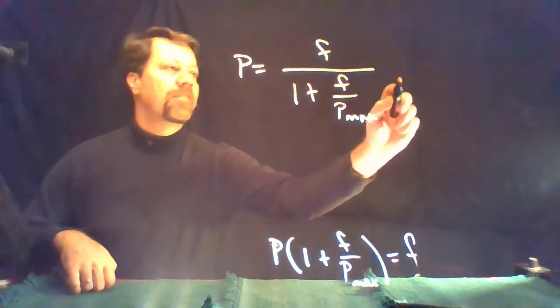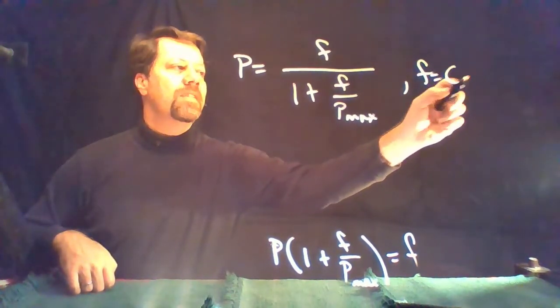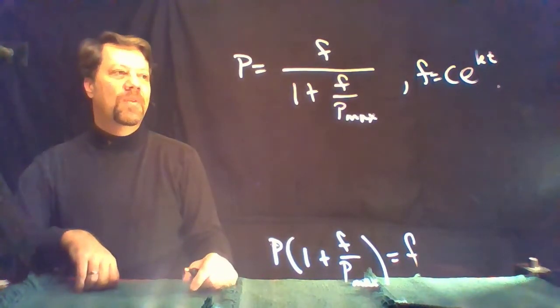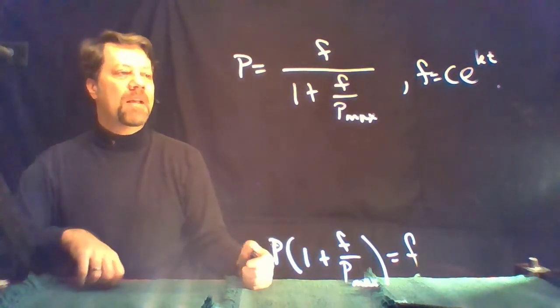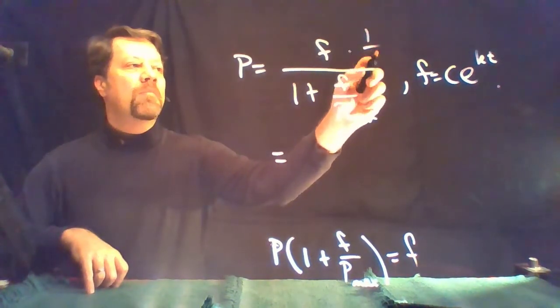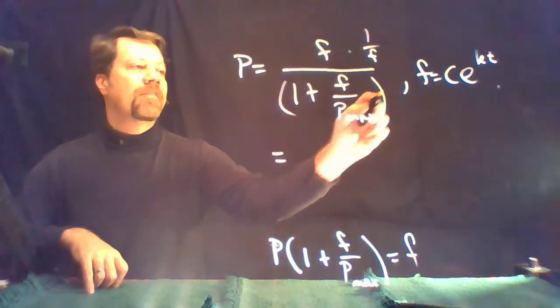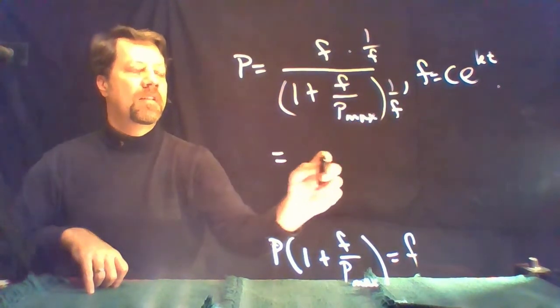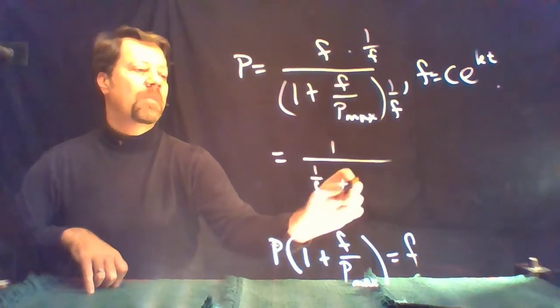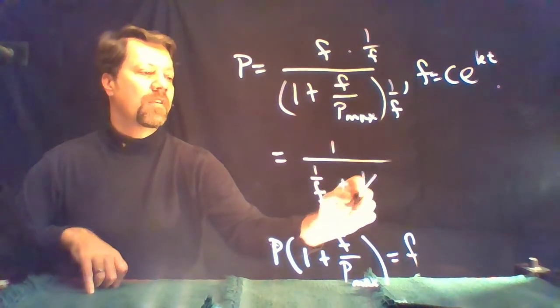Remember that f was c e to the kt. We can substitute this in, but it might be better to multiply top and bottom by 1 divided by f. We'll have 1 over f plus 1 over p max.